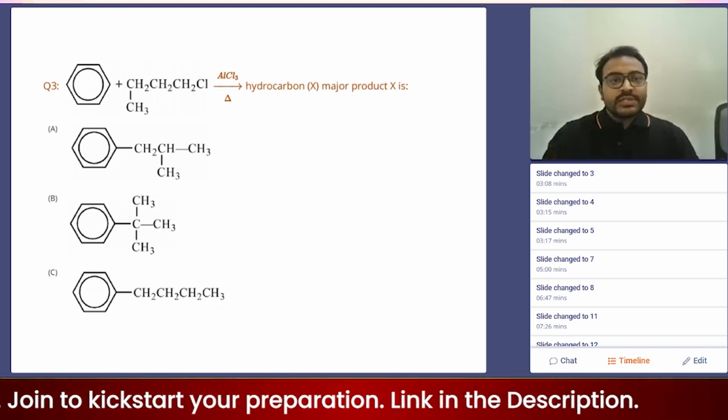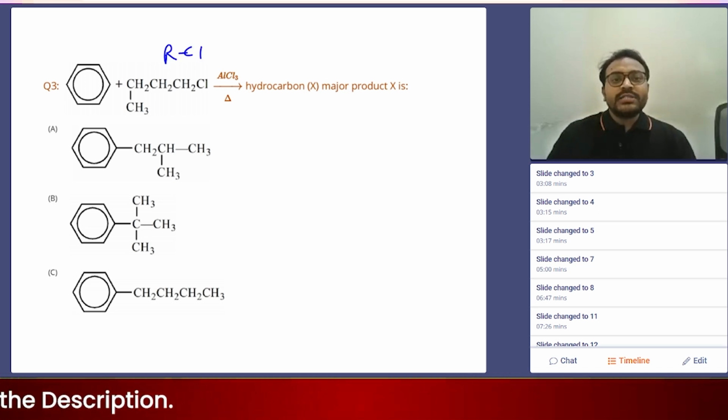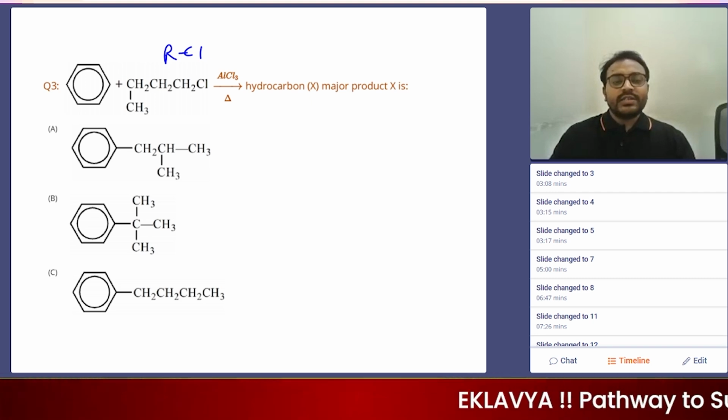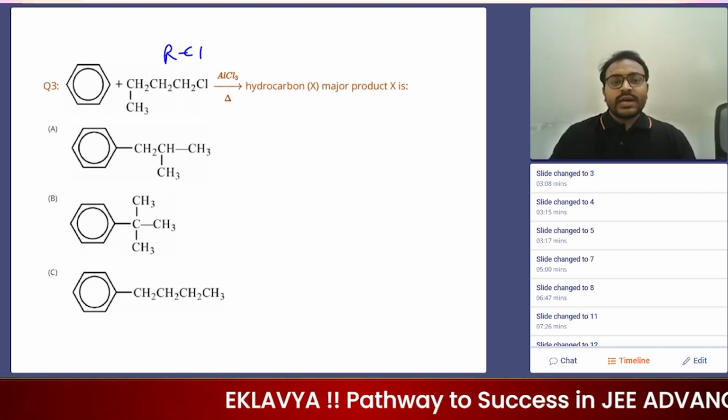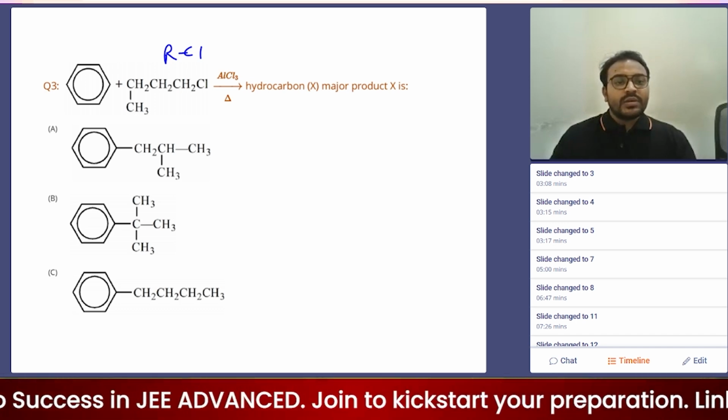Now the next question. In this question, benzene is reacting with RCl in the presence of AlCl3, and we are heating this, and there is a hydrocarbon we are getting. So we have to find out the major product.